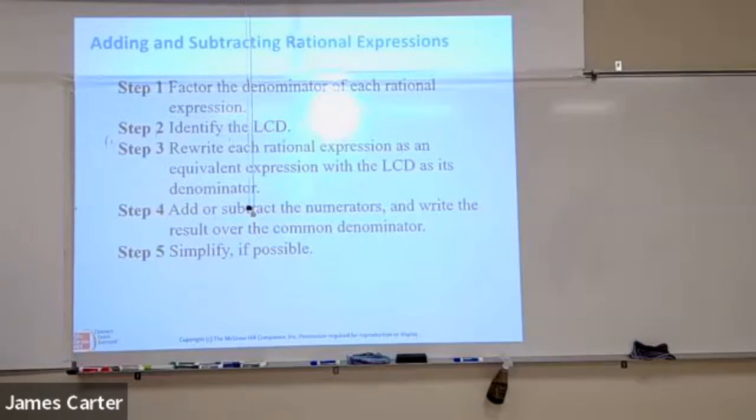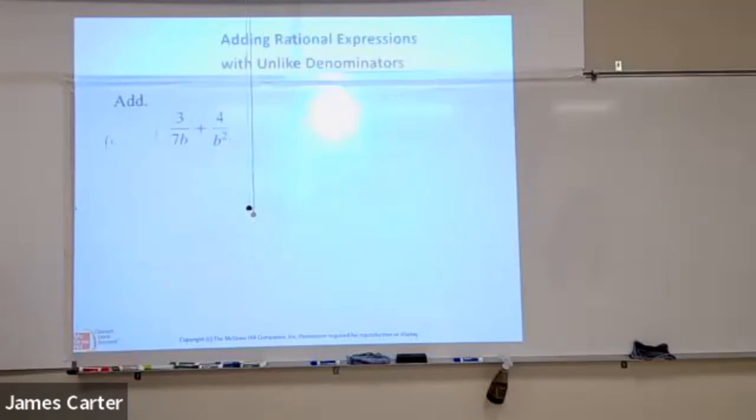Okay, we're not going to deal with missing parts. If it is an, oh, it says expression, so yes, we will have to deal with missing parts. If it says equation, then we deal with the LCD in total. For expressions, we have to deal with missing parts. Okay, so what are we missing?